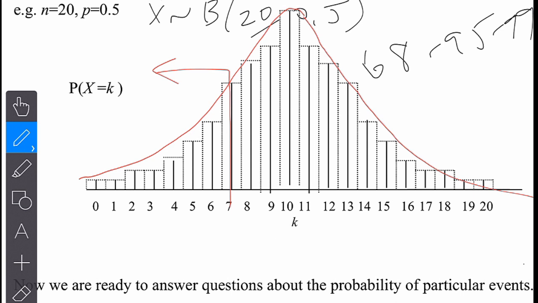I'm going to calculate these using the normal distribution. The problem is that you see there's kind of gaps, and in particular, look here.